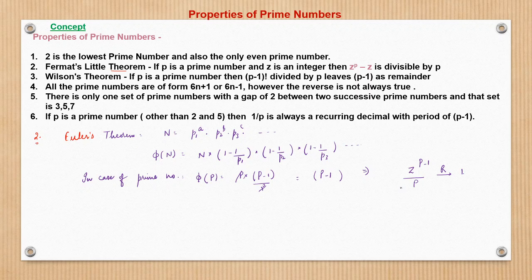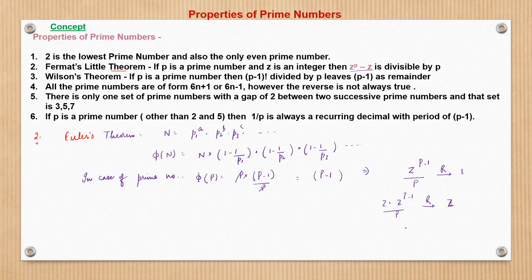Now from here we can derive this. Basically if we multiply both sides by z, the remainder will be z. This concept we will see in the discussion of remainder. You can just remember this here.